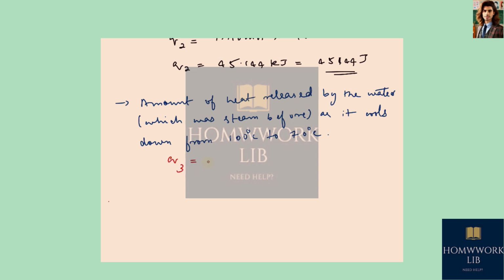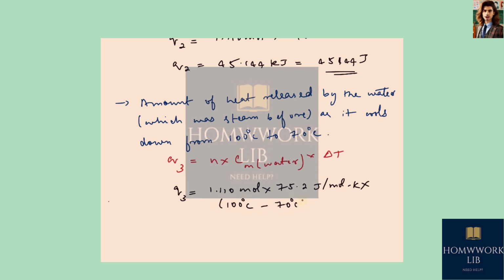So the formula is Q3 equals n into Cm of water into delta T. Now plugging the values here, we have Q3 equals 1.110 moles into 75.2 joule per mole Kelvin into 100 degrees Celsius minus 70 degrees Celsius. So on solving, we get Q3 equals 2499.8 joules. So we got Q1, Q2, Q3.